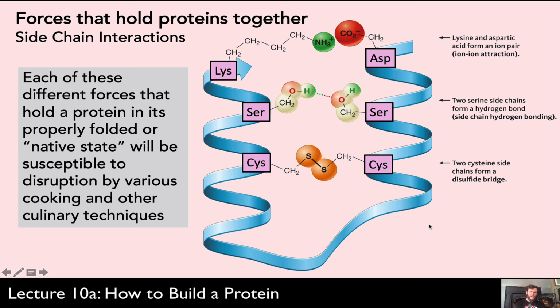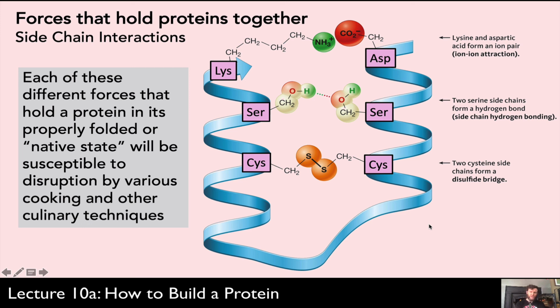So each of these different interactions: the charge-charge interaction, the ion-ion interaction, the first one there, is sort of moderate strength. The hydrogen bond, less so, but it can have additive strength if there's a lot of them. It also has a lot of degrees of freedom, which can give certain properties to the protein that it might need. The disulfide bridge, very strong interaction because of the formation of a covalent bond.